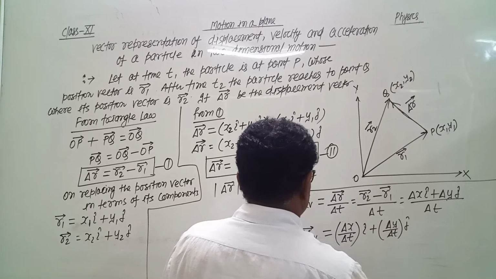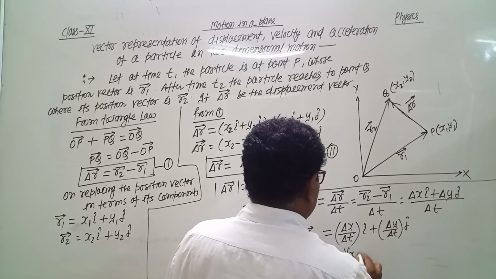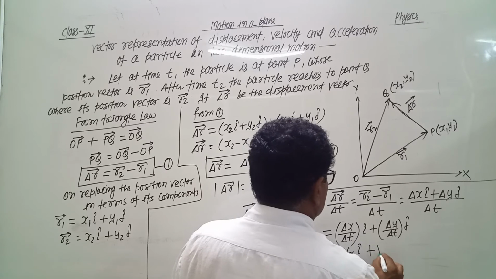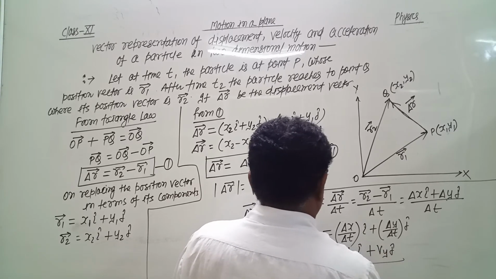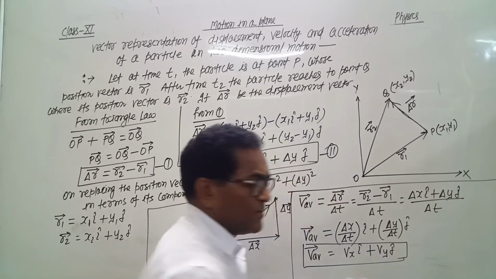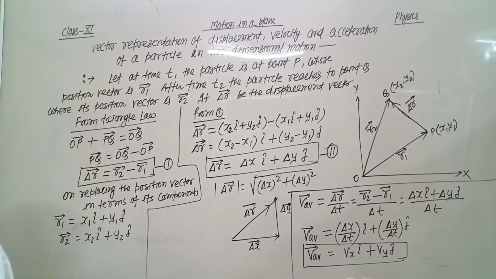So V average equals Vx i cap plus Vy j cap. This is the expression for average velocity.